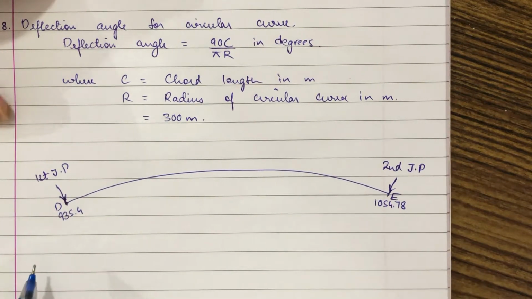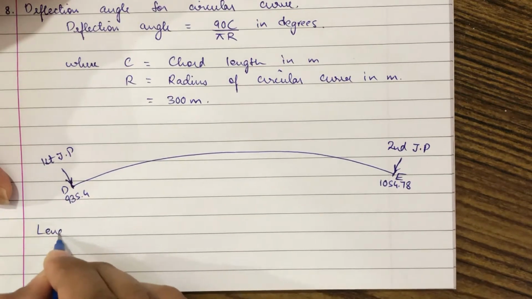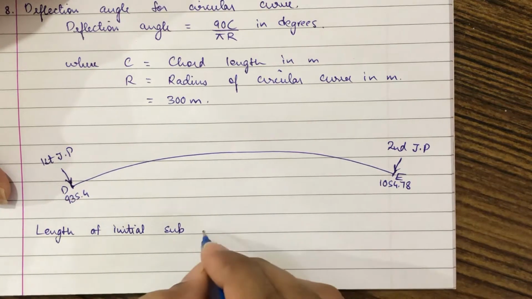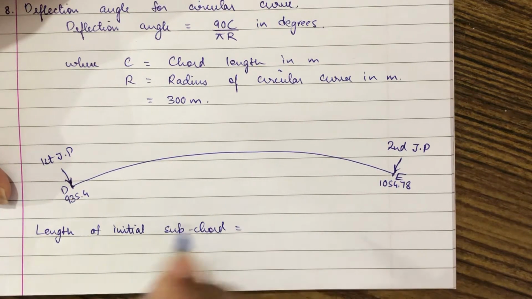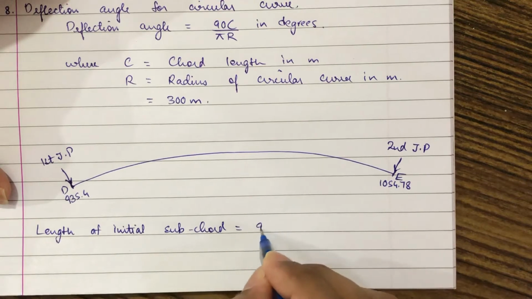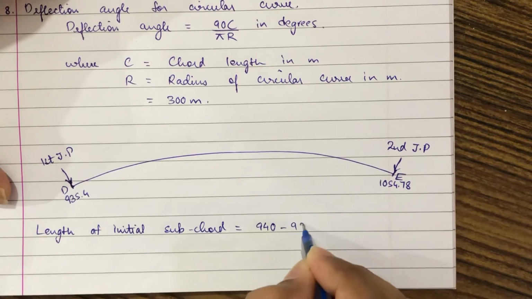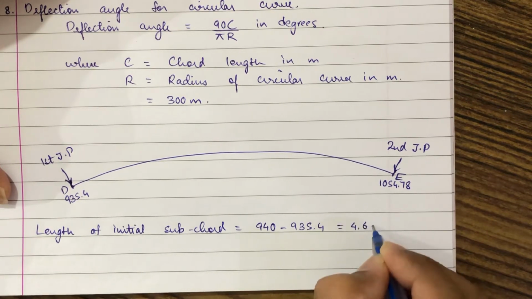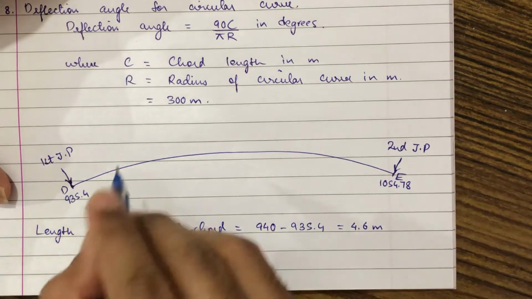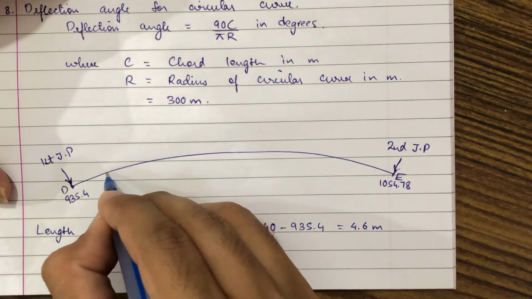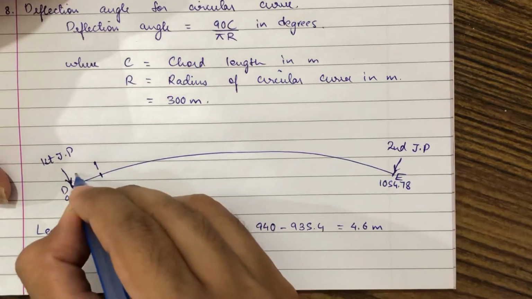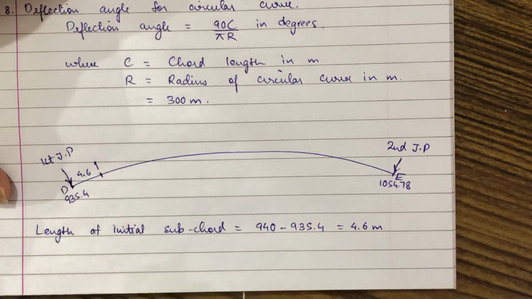Let us say the length of the initial subchord is 940 minus 935.4, so it comes out to 4.6 meters. So the first point is at a distance of 4.6 meters.